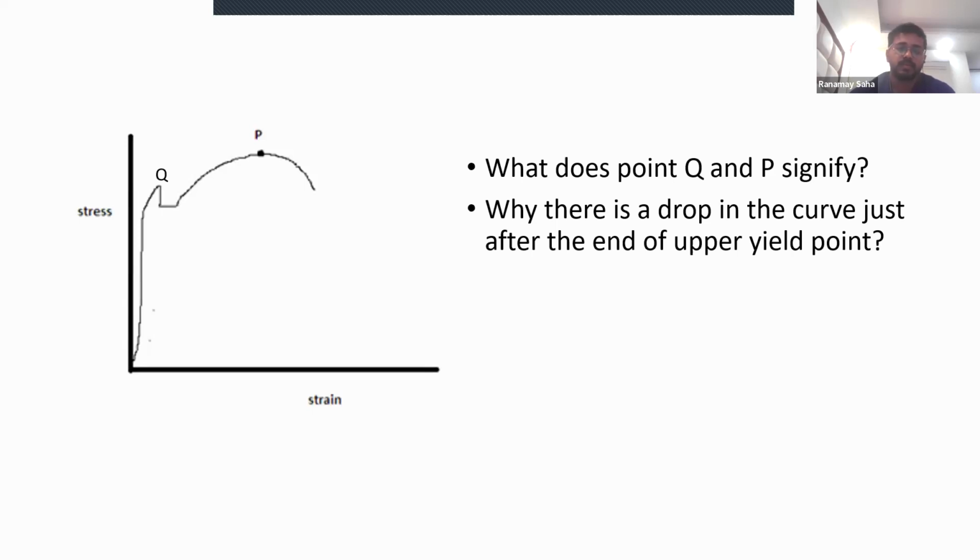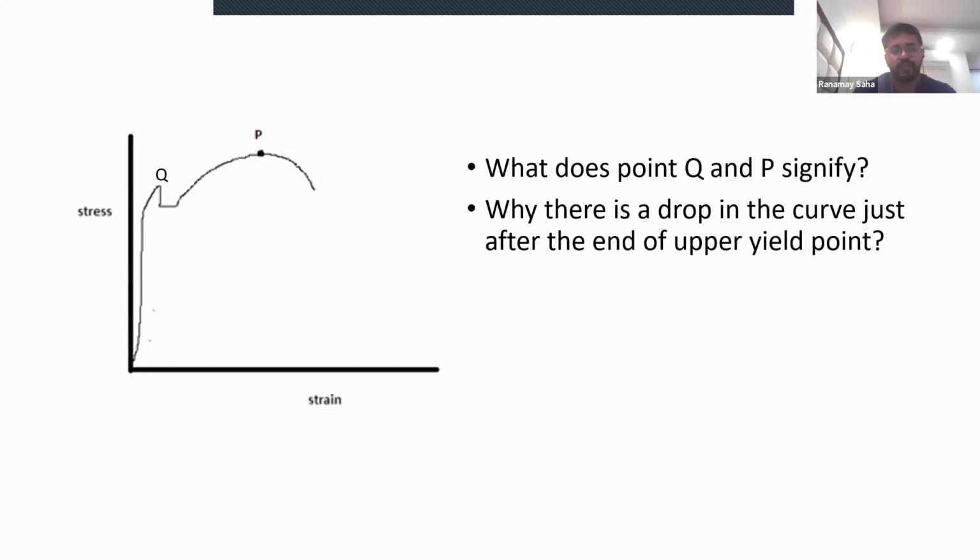So what do you mean by yield point? It is the point after which the material starts yielding, I mean the material starts deforming plastically. But then why is there a drop? The drop is because, as the material starts to yield, there is much reduced resistance to the flow of the defects within the material.